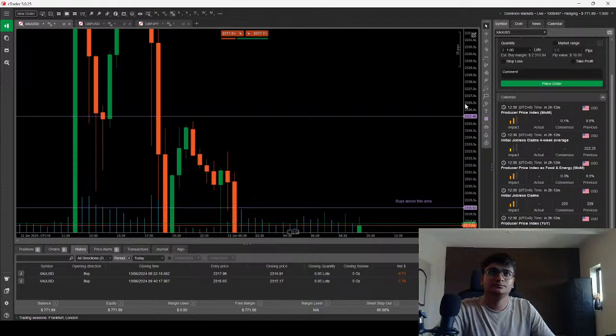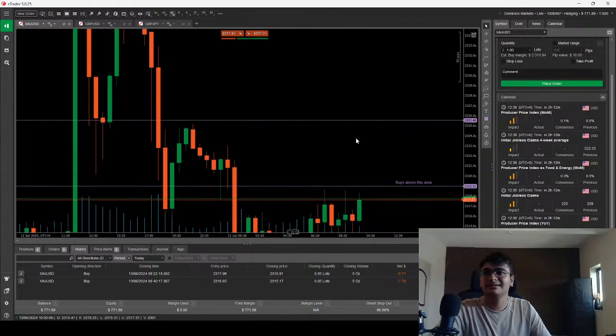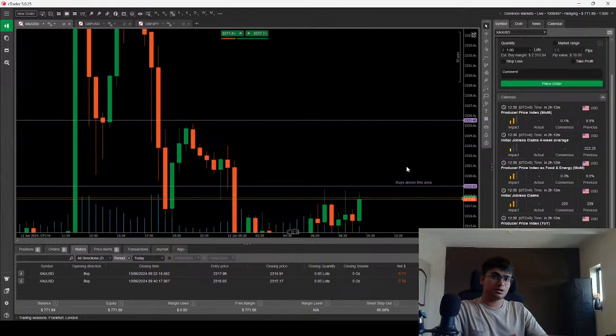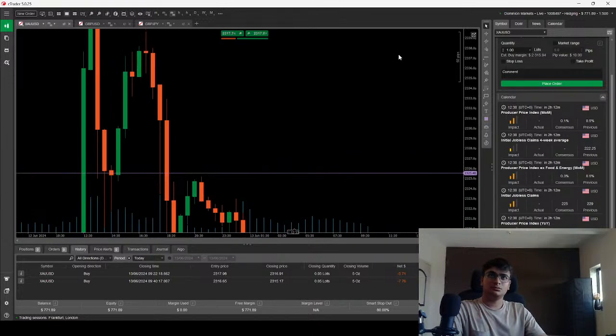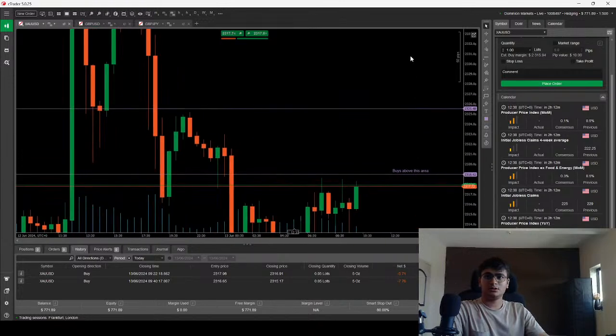I mean, if price breaks above and we take a buy around this area, we will wait for price to reach around this area, and if it rejects and comes down a little bit to a higher low, then it can continue going up till 2337 or somewhere around that area.